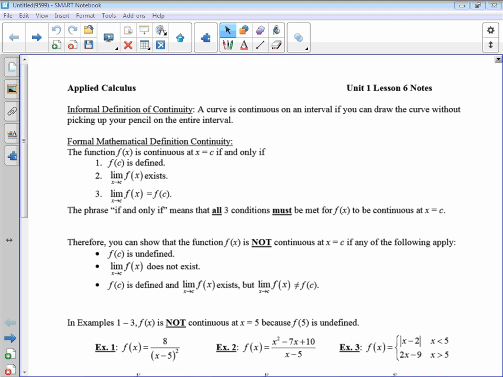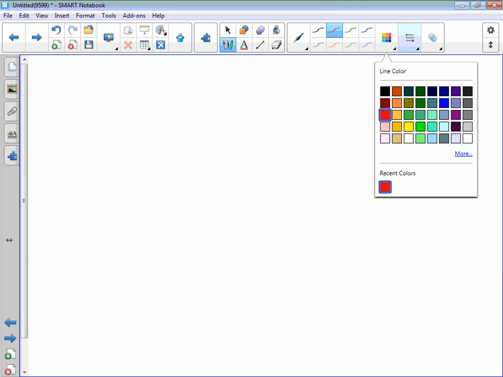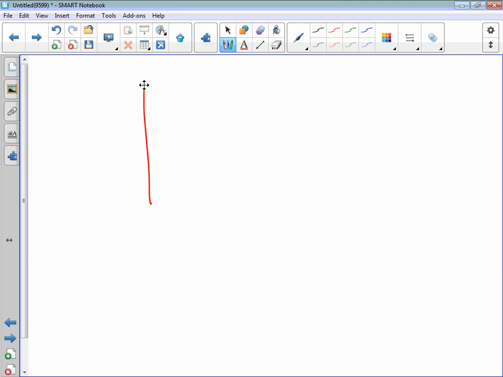You've talked about whether a function is continuous or not in pre-calc, and I think if I just gave you an image, you would easily be able to tell me yes or no. So if I draw, you don't have to write this anywhere, that graph. Is that a continuous graph?